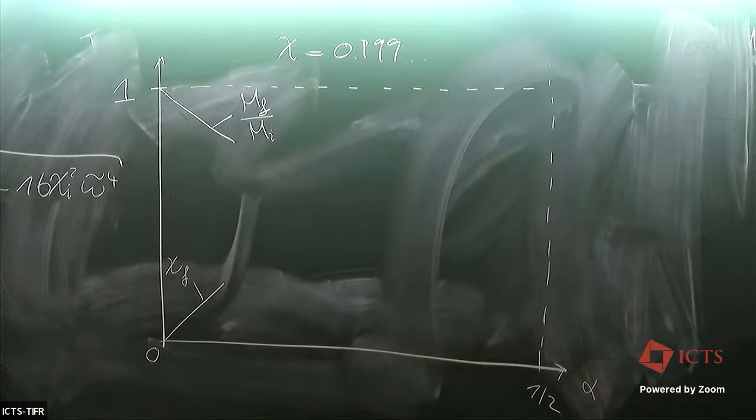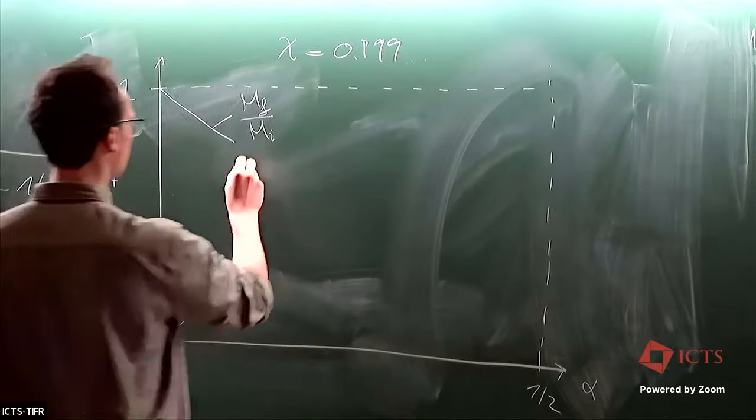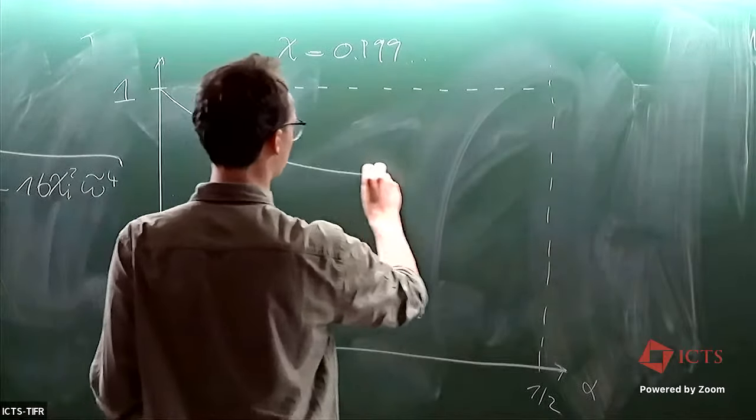Okay, and so if we now look at the complete solution instead of just the approximation in the small alpha regime and plot this, what we'll see is the following behavior.